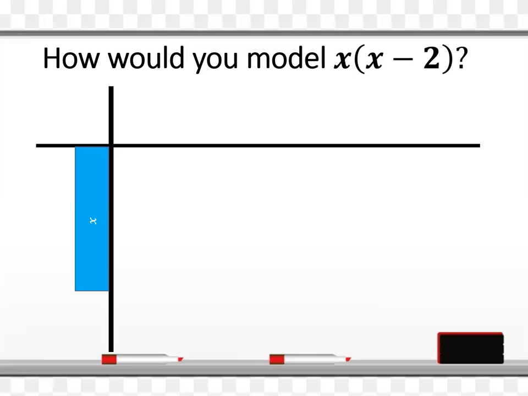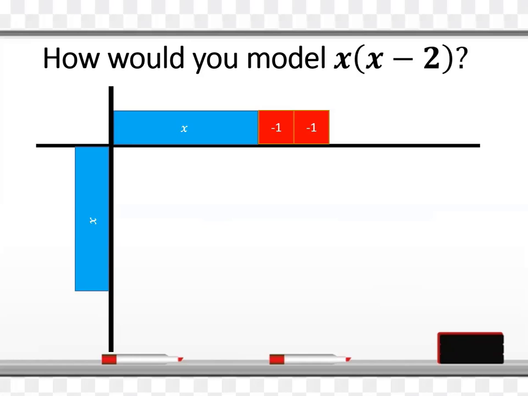Now, the tiles we need for the multiplier will be an x tile. For the multiplicand, we also need an x tile and 2 negative 1 tiles to account for that minus 2. The aim is to use tiles with similar dimensions to cover the area on the mat.